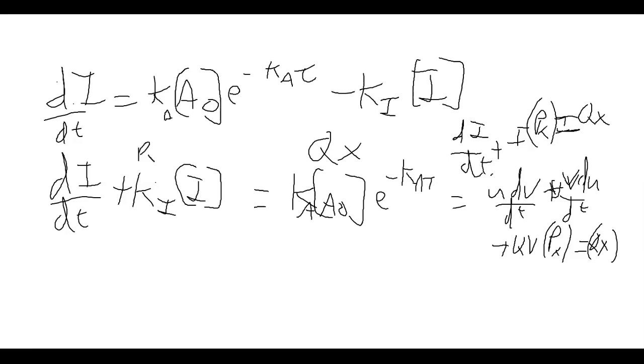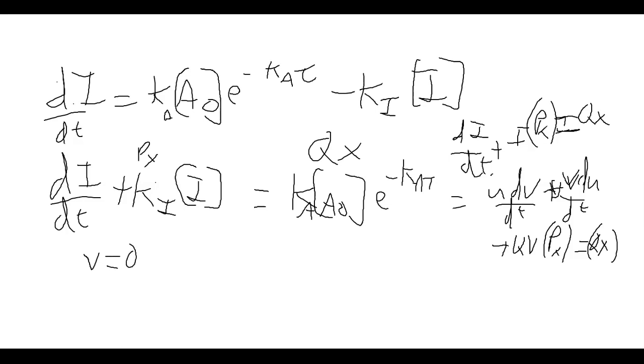So we have to find what is u dv/dt, what is v du/dt, and what is uv. The first assumption we make is that v is actually 0.